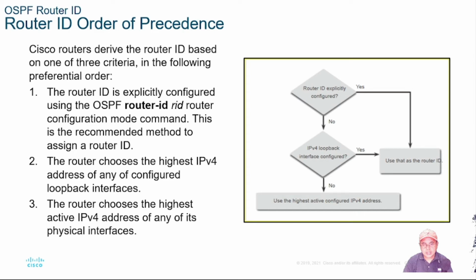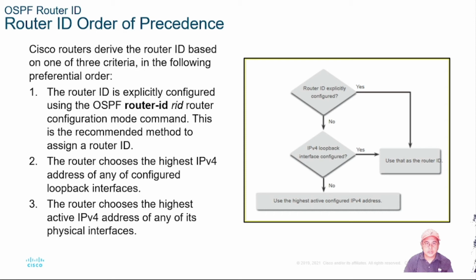If there is no configured router ID in the router, it will go to the next step, which is this: it will search for the IPv4 loopback address. If there is no router ID configured manually, it uses the loopback interface. Now, if there is no IPv4 loopback address configured, it will choose the next IP address, which is the physical address configured on the physical interface of the router. So these are the steps of how the router gets or uses the router ID.